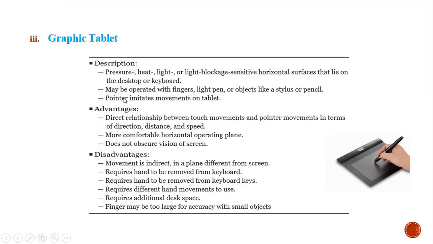Graphic tablet. Let us understand what is a graphic tablet. You can see here on the screen there is an example of a graphical tablet, and it has one stylus also for interacting with the tablet. The graphical tablet is also called a touch tablet, and it's a device with a horizontal surface.